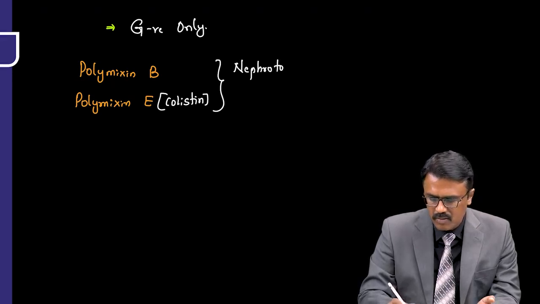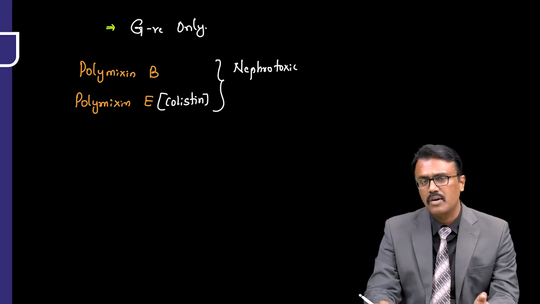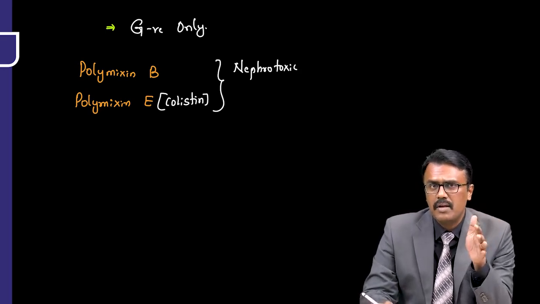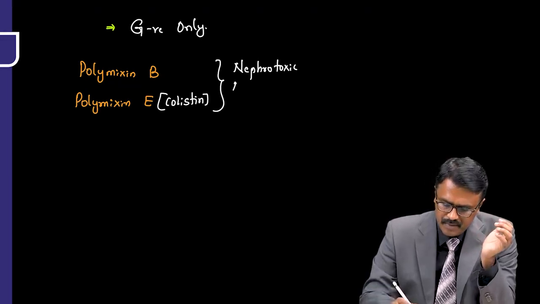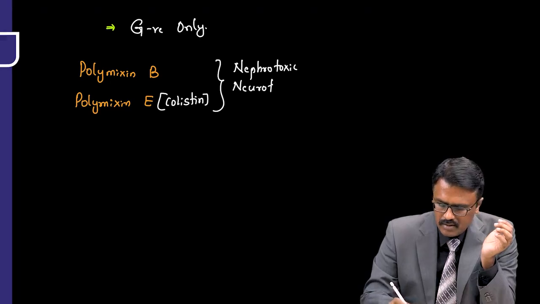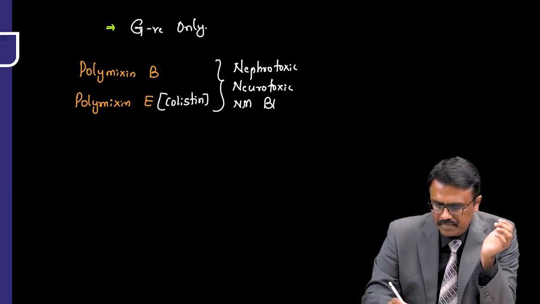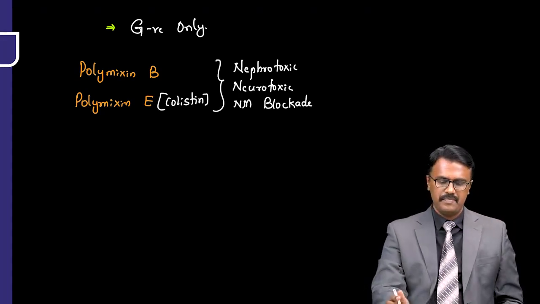You may ask a question, sir, why so much toxicity to the kidney? Because the drugs act on cell membrane and we also have cell membrane. So the toxicity is more. Highly nephrotoxic, highly neurotoxic, and they can also produce neuromuscular blockade.